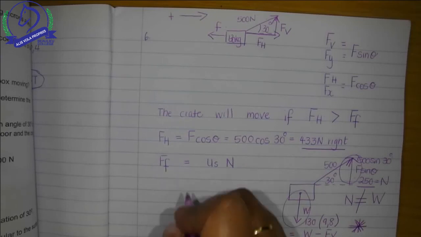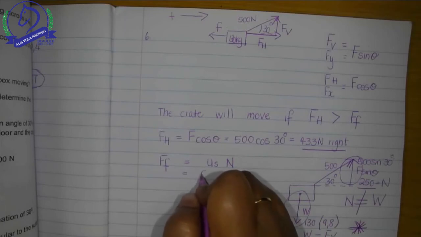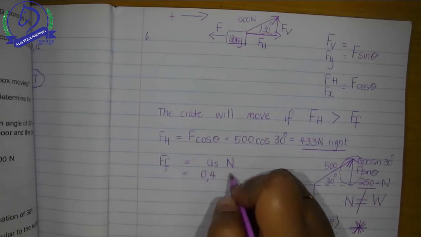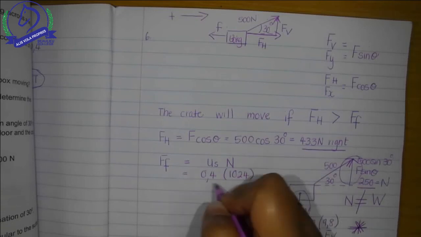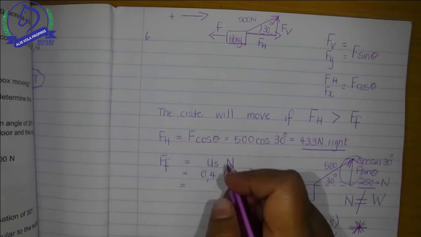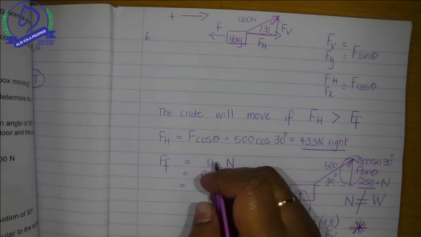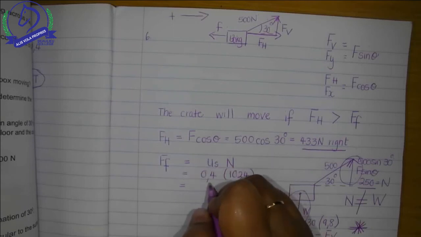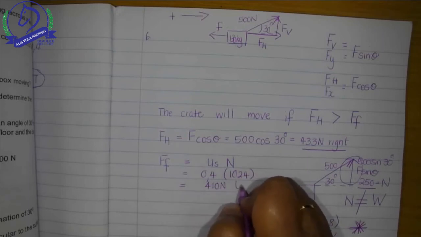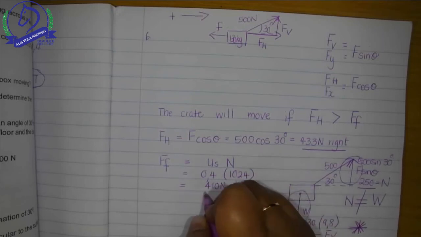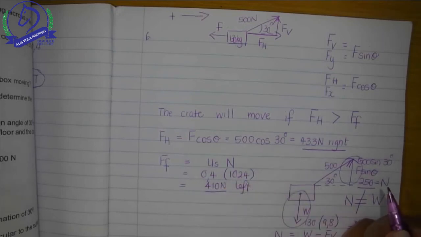So now I'm going to substitute that in this equation. 0,4 multiplied by 1024, and I then get my frictional force to equal 410 newtons to the left. So will the box move?